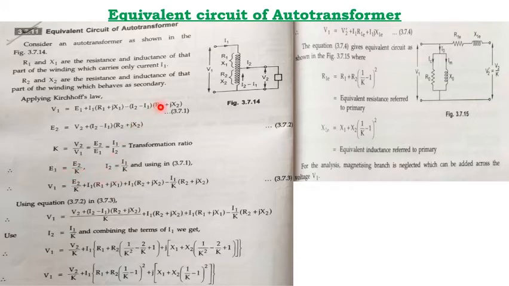Use these two expressions, E1 and I2, in equation 3.7.1. In place of E1 and I2, substitute E2 by K and I1 by K respectively.